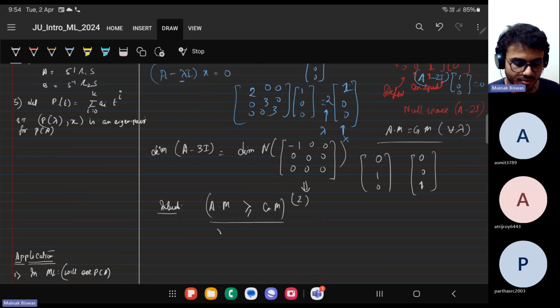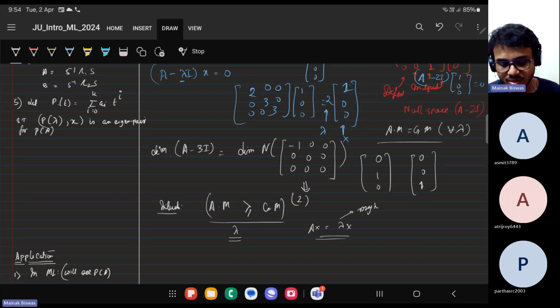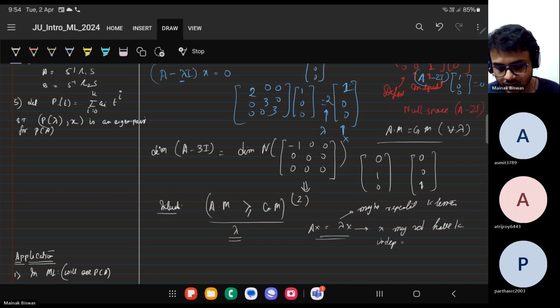For there to be a lambda, Ax equal to lambda x must hold. This may be repeated k times, but x may not have k independent vectors.